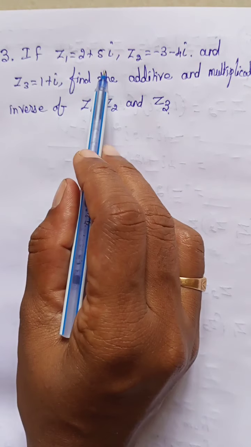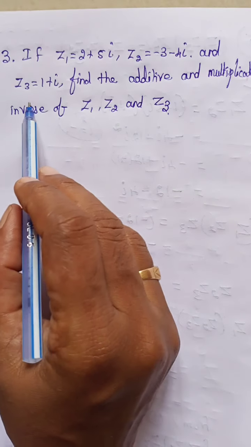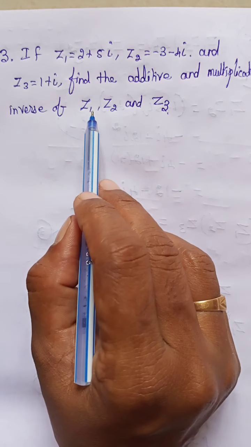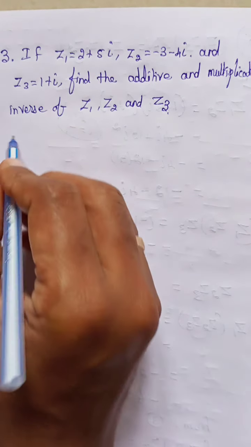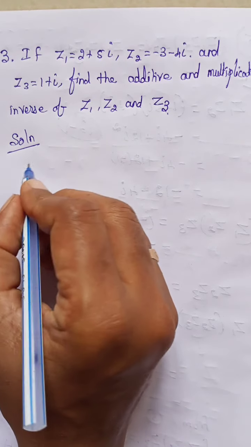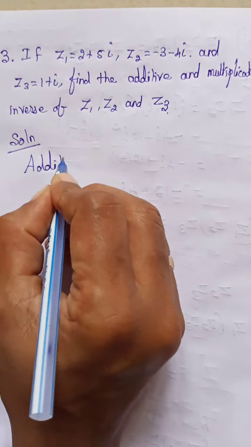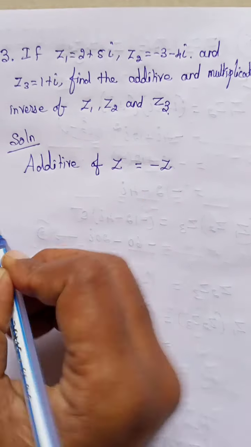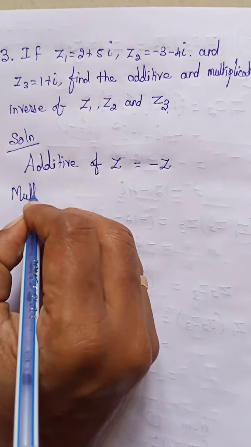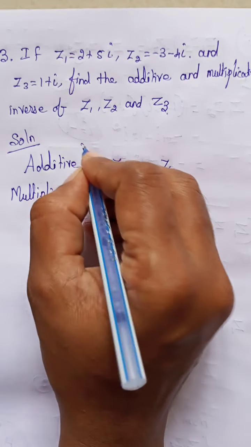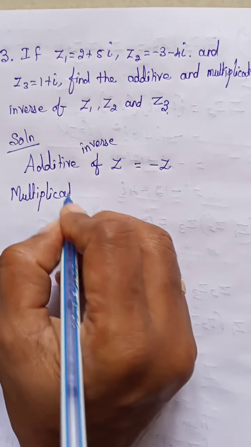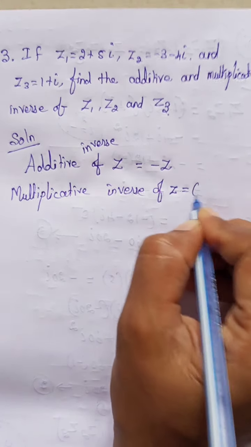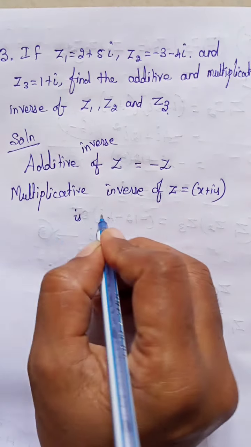Okay, problem number 3. If Z1, Z2 and Z3, three values, are given, the question is to find the additive and multiplicative inverse of Z1, Z2 and Z3. See, first we can write the additive inverse of Z. The additive inverse of Z is equal to minus Z. Then the multiplicative inverse of Z equal to x plus iy, that is Z inverse, isn't it?